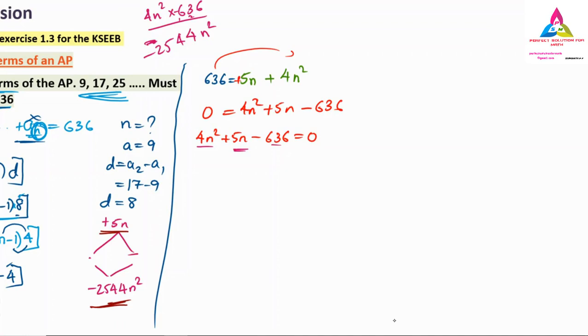I have slid the screen because the calculation part we have to keep on the right hand side. So which are the terms? Again I will write here if you want. When we add, we must get plus 5n. When we multiply, we must get 2544 n square. What are the two numbers?